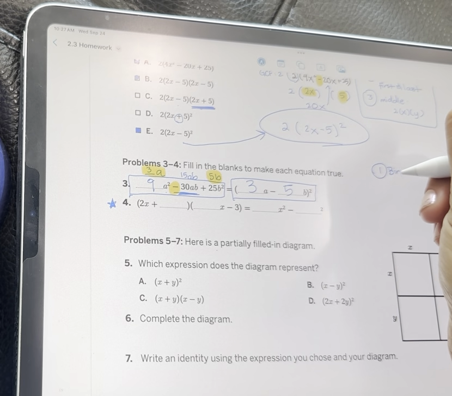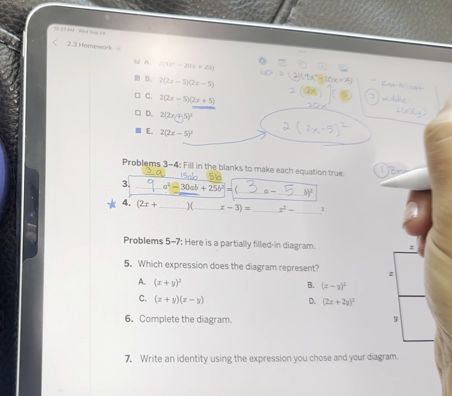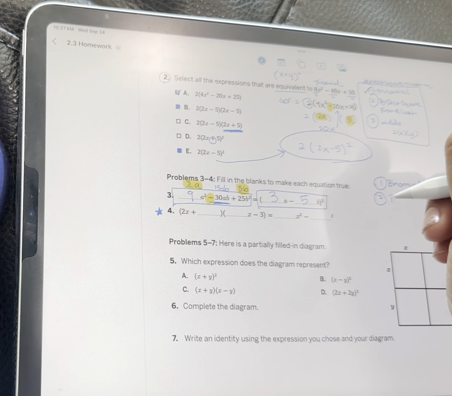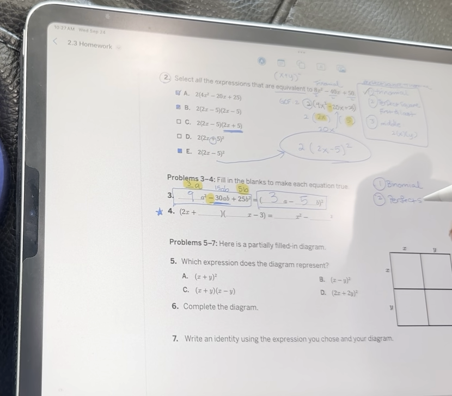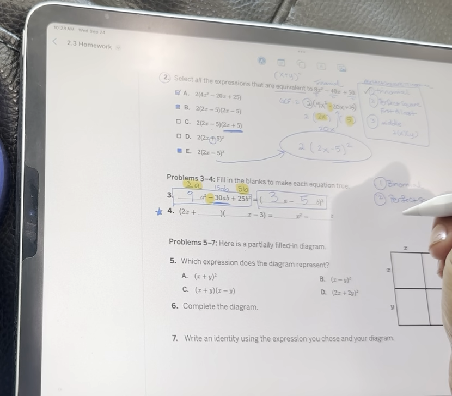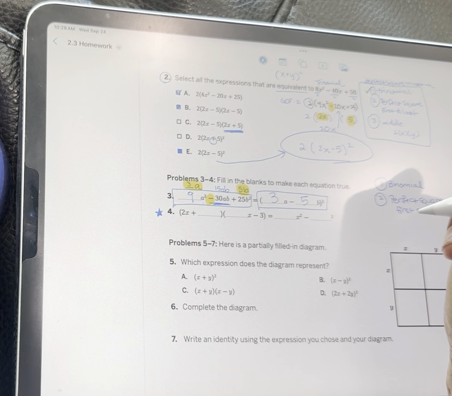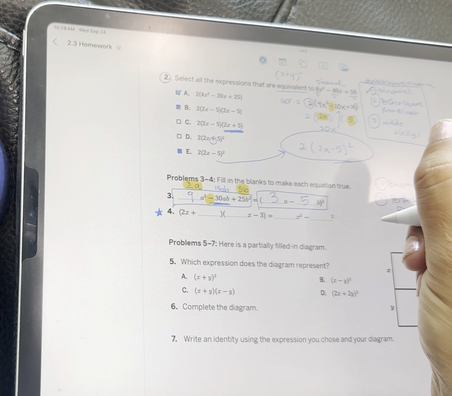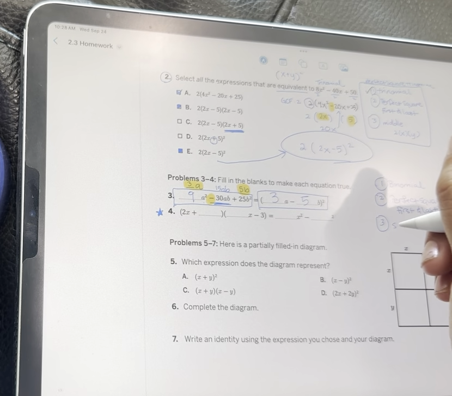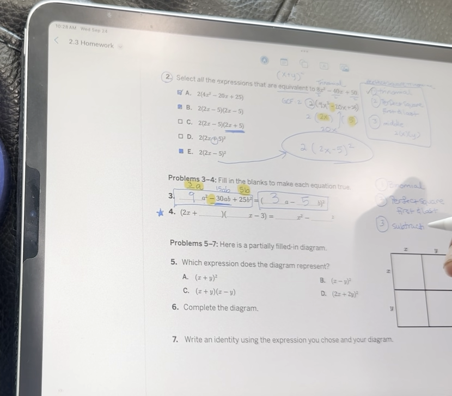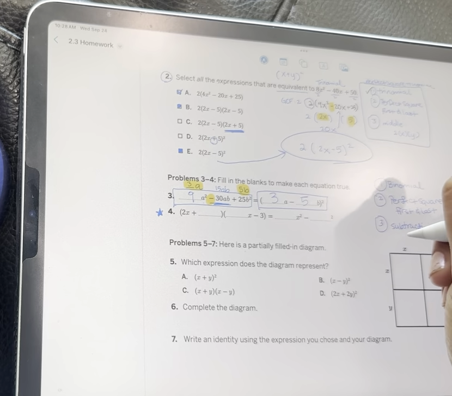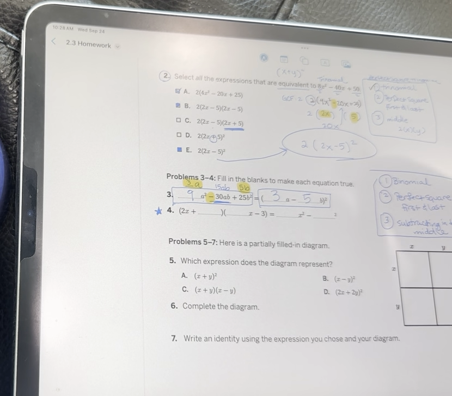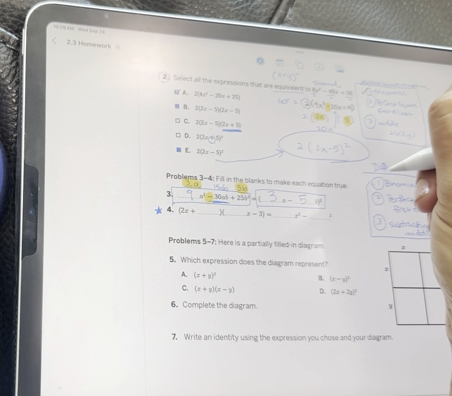So when I have a binomial that starts and ends with a perfect square, first and last, and then I must be subtracting in the middle, I've got our special difference of squares.